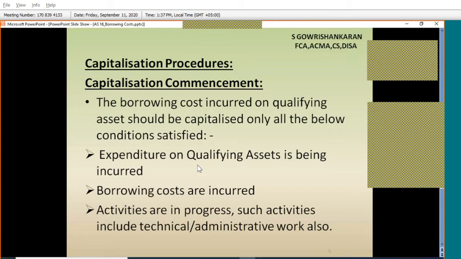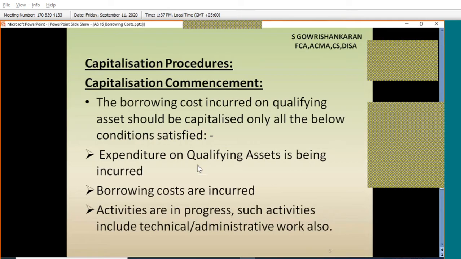Suppose I simply borrowed the money, 100 crore, and I say, sir, first 2 years I'm not interested in any construction. I'm going to repay interest only. I'm not going to spend anything out of 100 crore. I'm just going to keep it and pay interest to you. Then you are not eligible for capitalization.